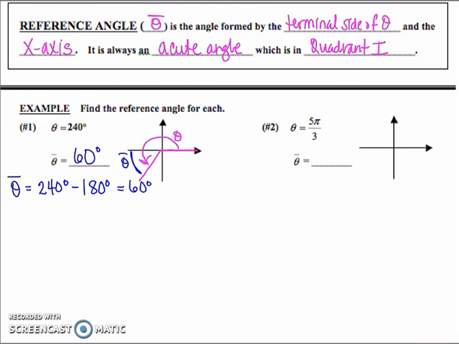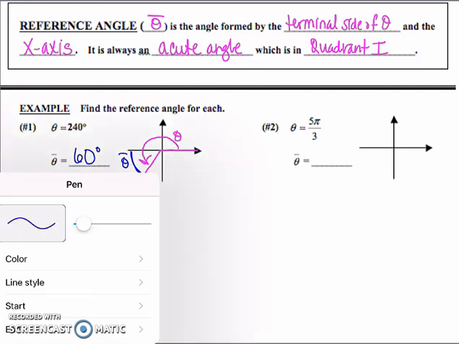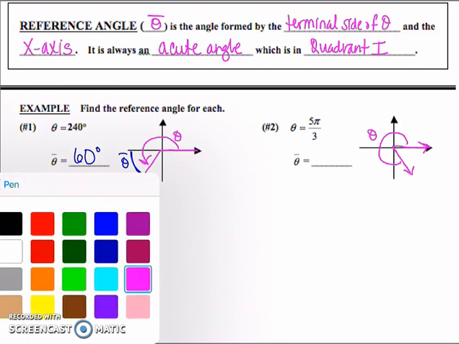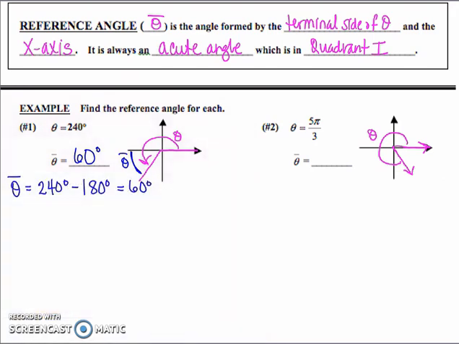In our second example, theta is given to us in radians. That's fine. We can switch back and forth. 5 pi over 3 is going to be way over here in the fourth quadrant. So here's our initial side, here's our terminal side. This whole thing is our theta. So our theta bar is going to be this angle right here.